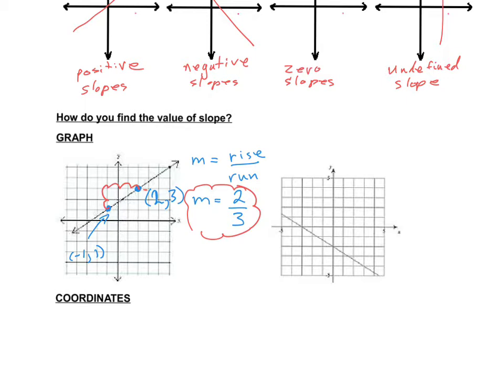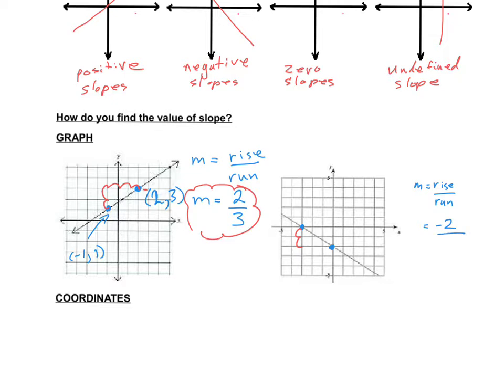The same can be said about this line here. m is equal to rise over run, like before, but now we're going to look at these 2 points. We're always looking for points that are on the crosshairs of the graph to do this rise over run calculation. If I start from the leftmost point, I have to go down 2, so my rise is -2.